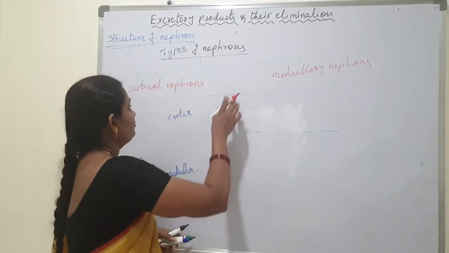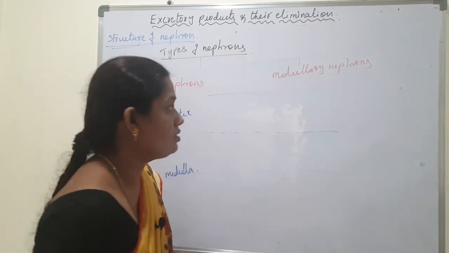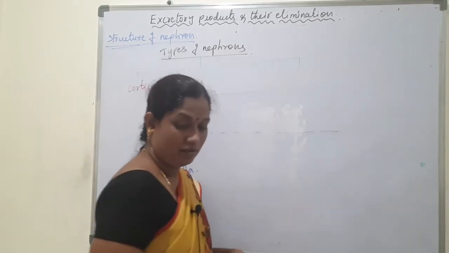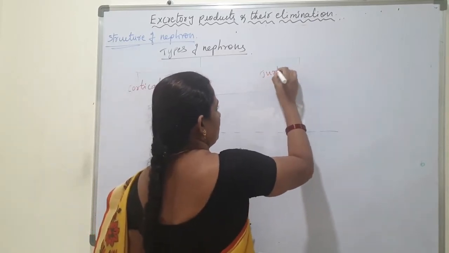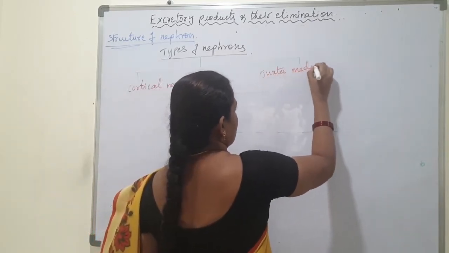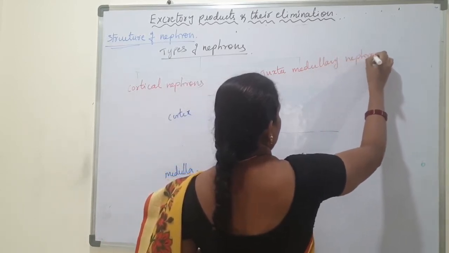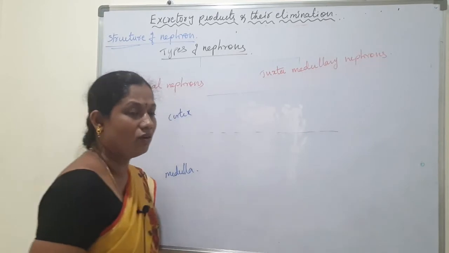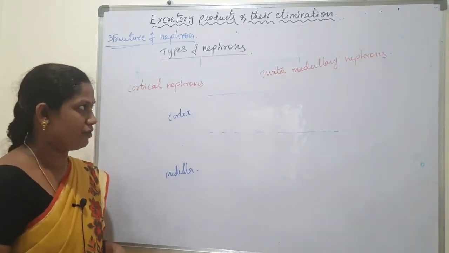So the two types are cortical nephrons and juxtamedullary nephrons.